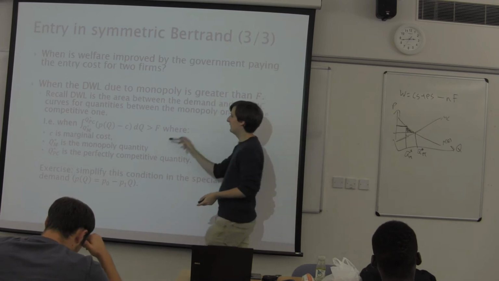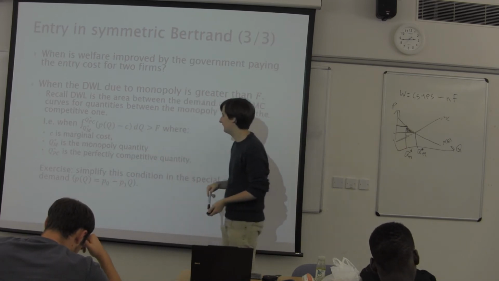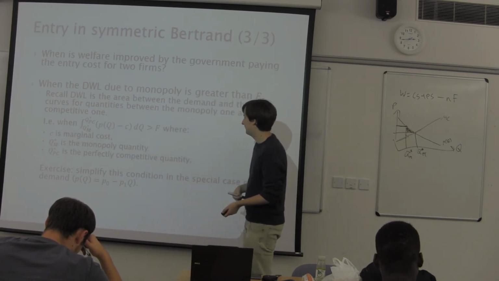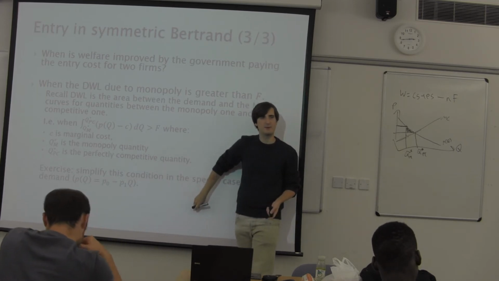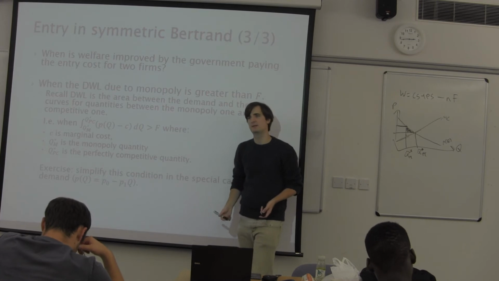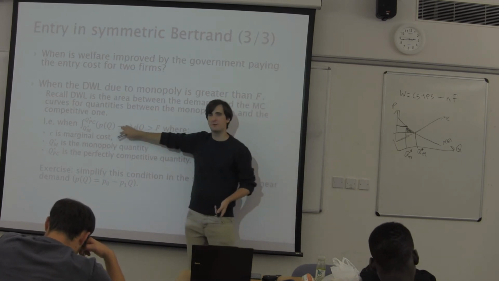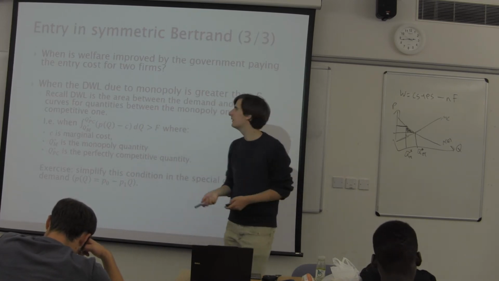So this condition is going to be true if this integral is bigger than F. And I set as an exercise to simplify that condition in the special case with linear demand, just to see if you're comfortable working with these integrals.